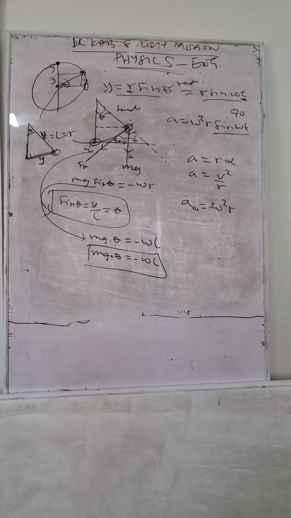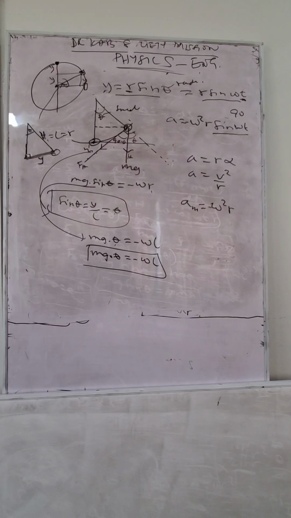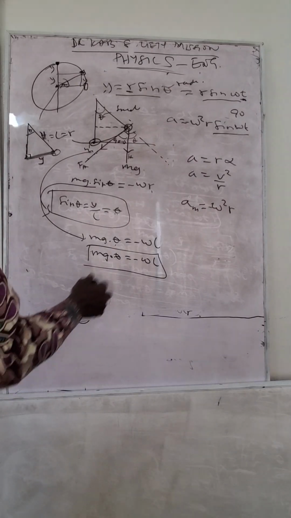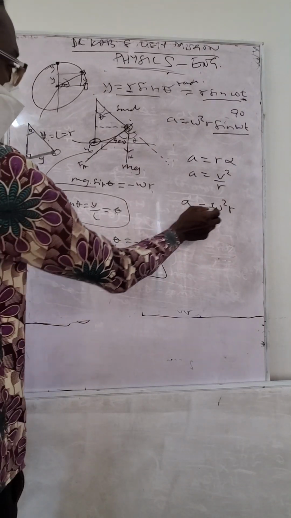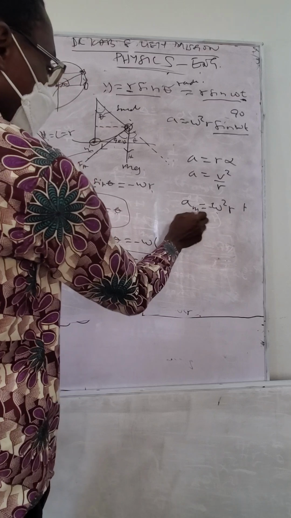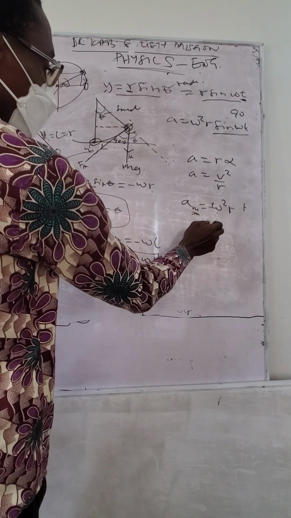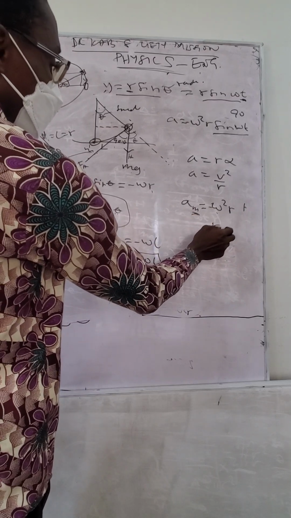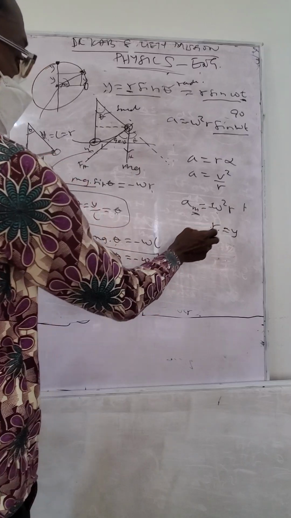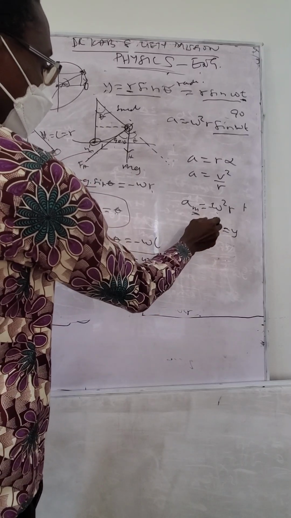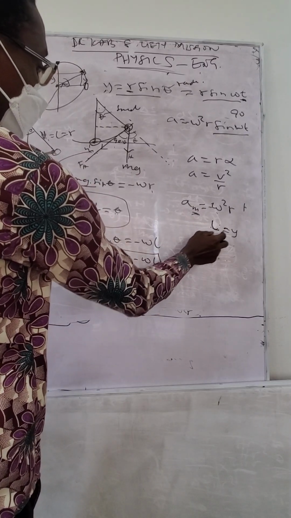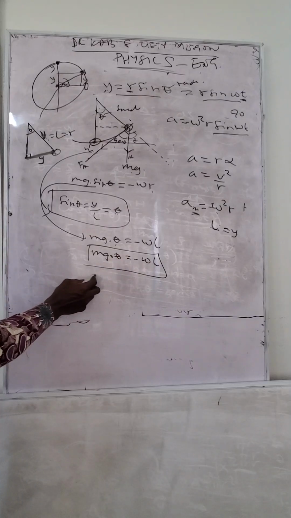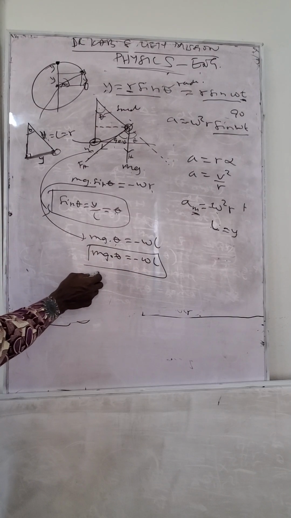So let's look at how it goes. Right, so from here, remember this expression is for maximum. At maximum, the radius R becomes equal to your y. The length L becomes equal to the y.